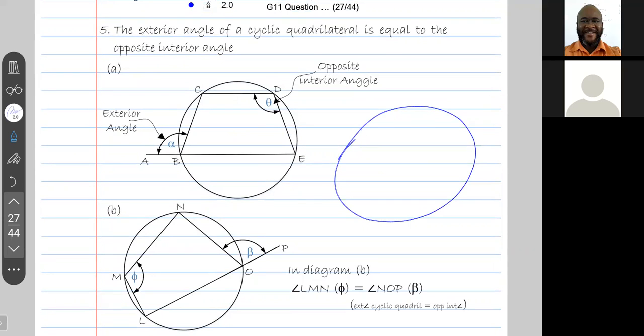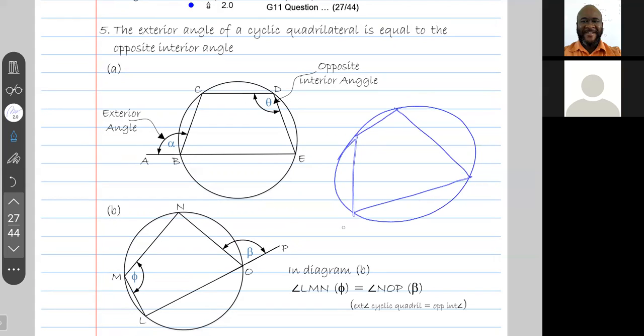Inside of it, we draw our quadrilateral. Now, all the vertices are touching the circumference. So that is a cyclic quadrilateral.